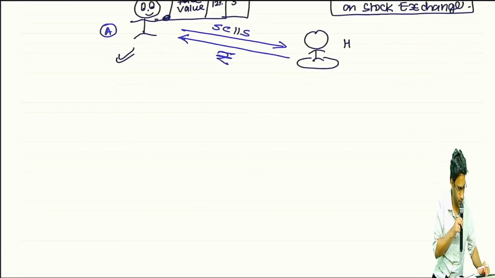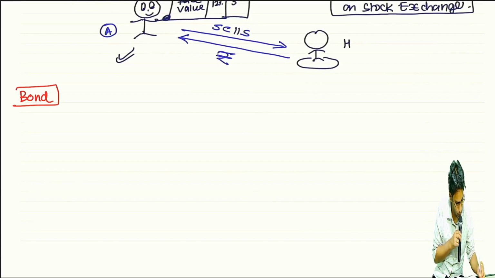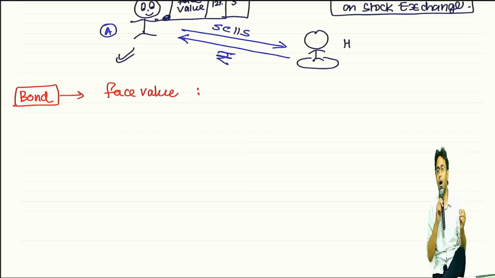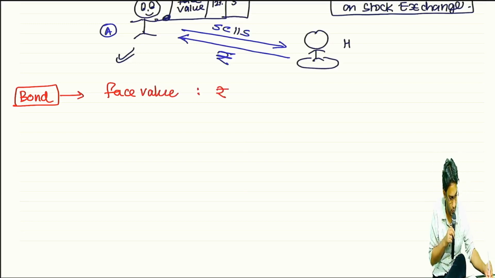Okay, sir. Now, every bond has something called face value. Face value can be anything, sir; there is no restriction on how much it can be. Face value can be 100 rupees, it can be 1000, it can be 10,000, it can even be a 1 lakh face value bond.